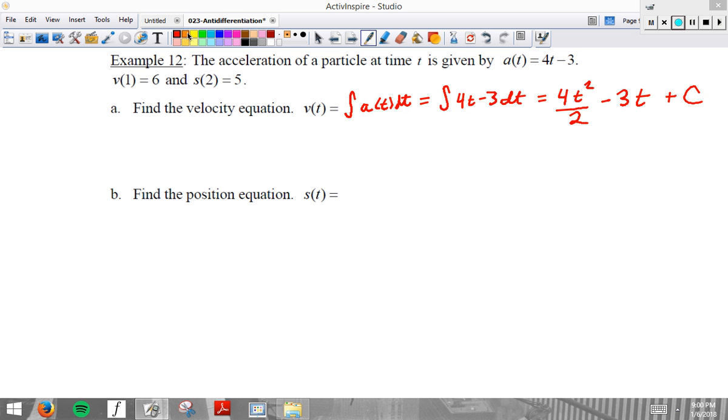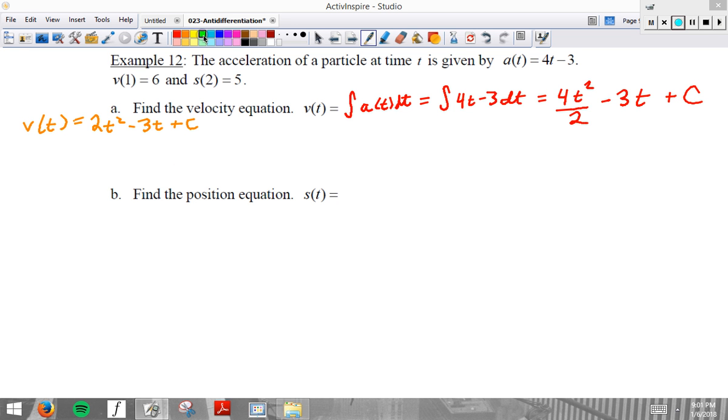So v of t is potentially 4t squared. Here, let's simplify it as we go. 4t squared divided by 2, 2t squared minus 3t plus c.